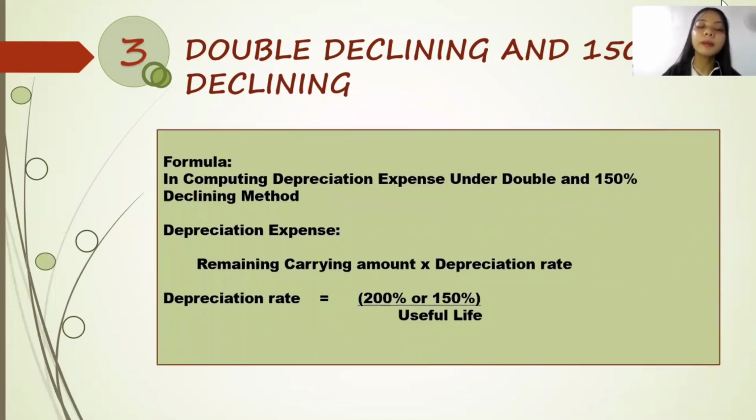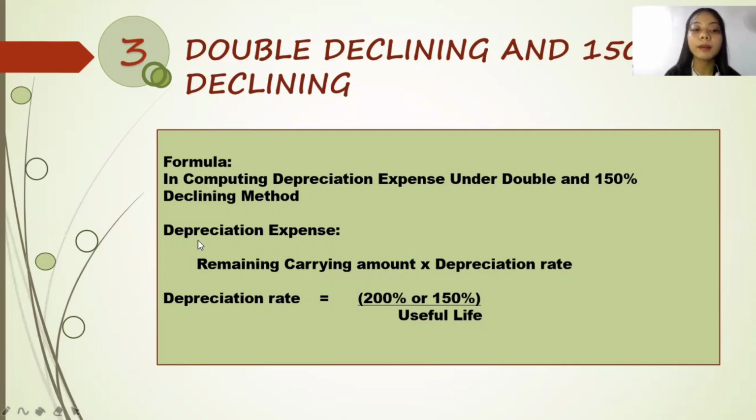The formula in getting depreciation under double declining and 150 declining is remaining carrying amount times depreciation rate. Paano natin makukuha yung remaining carrying amount? Cost less accumulated depreciation beginning. Tandaan na beginning.